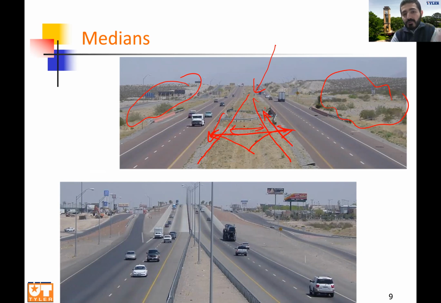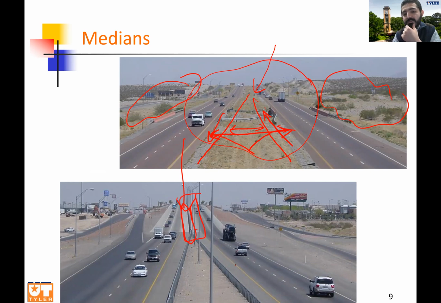When things go like this, which means more traffic, this location is not as rural as it looked, and it's becoming more of an urbanized environment. All of a sudden the median becomes very thin, almost just a steel barrier or a concrete barrier at some locations, like in this picture here.